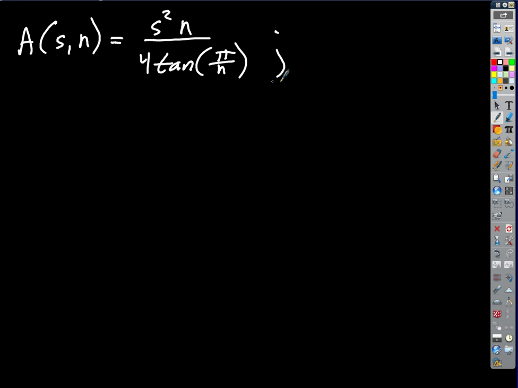So if we combine that with the fact that to make this a fair fight, we're going to make the perimeters all the same, right? So if we have an n-sided polygon, what's the perimeter of an n-sided polygon? The side length s times n, right? Side length times number of sides would be perimeter.